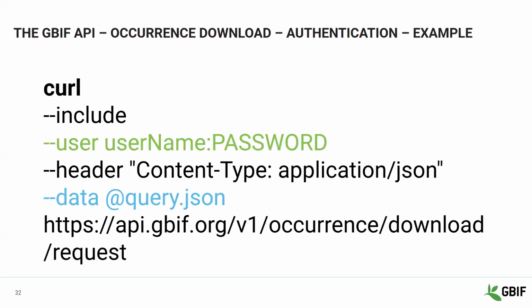Just to give a crude example, in curl you need to include the username and password. You need to tell in the header that you want the data in JSON, and then you pass the query in a query.json file, and then you call it using the curl request.